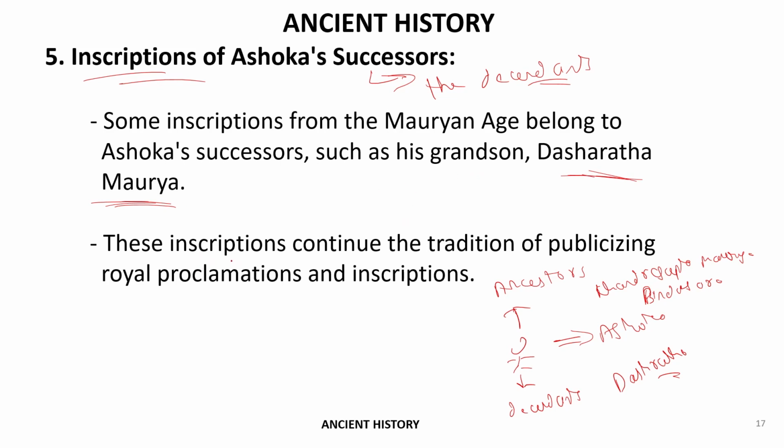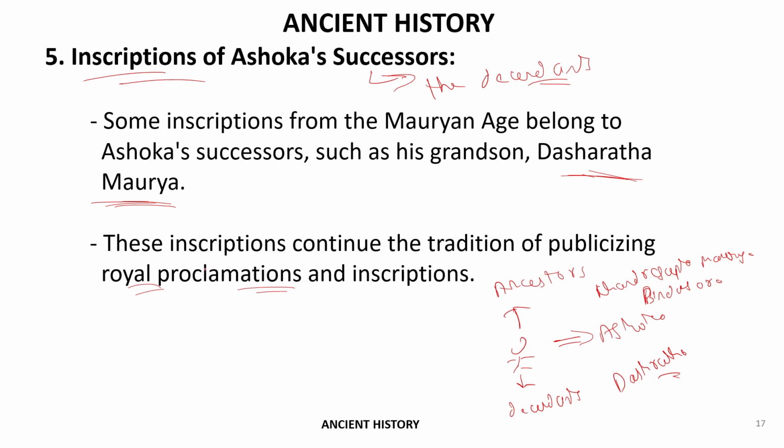These inscriptions continued the tradition of publicizing royal proclamations and inscriptions. Okay, so the same policy which was adopted by Ashoka, to promulgate his ideas, his views, policies, so that the local people would have a clear understanding of the ruler's mindset and royal family decisions.